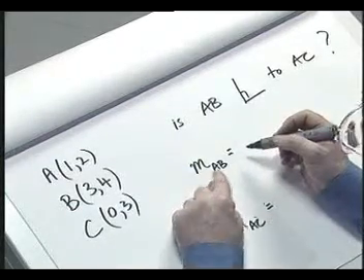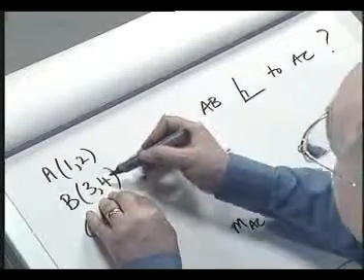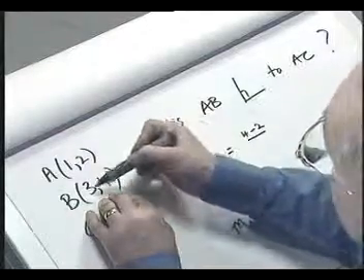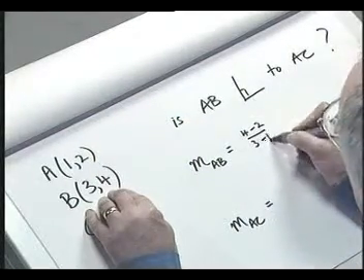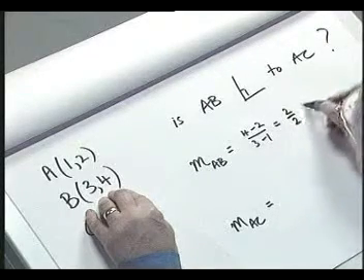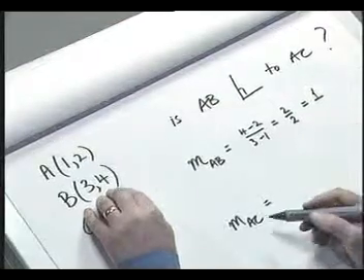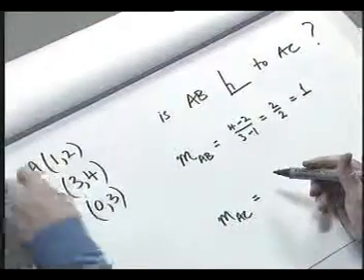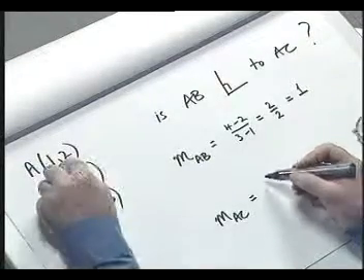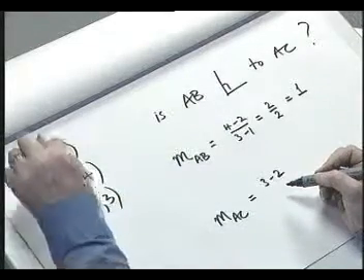So let's do this calculation. We want the gradient of the line from A to B. Well, that's simply the difference in the y-coordinates, 4 minus 2, over the difference in the x-coordinates, 3 minus 1. 4 minus 2 is 2, 3 minus 1 is 2, so the gradient of AB is 1. What about the gradient from A to C? Well, the difference in the y-coordinates now is 3 minus 2, and the difference in the x-coordinates is 0 minus 1.